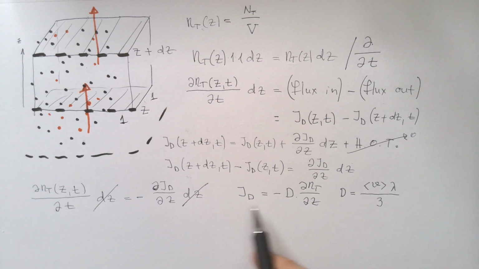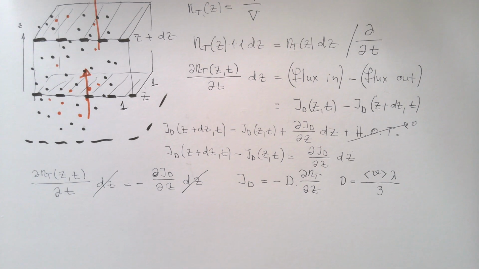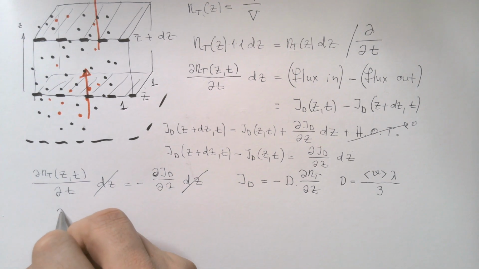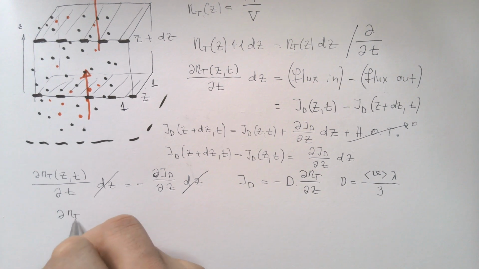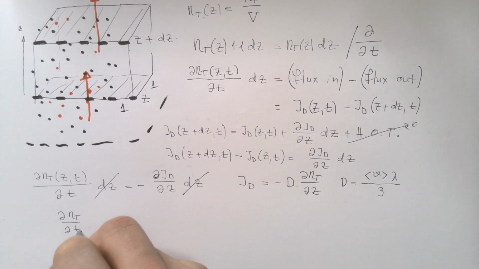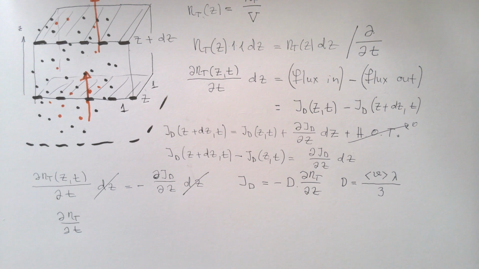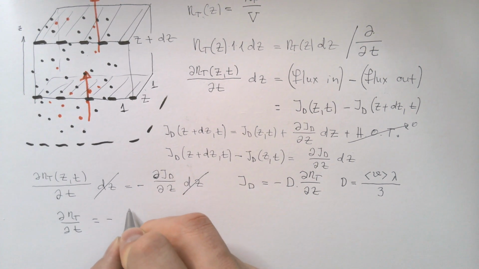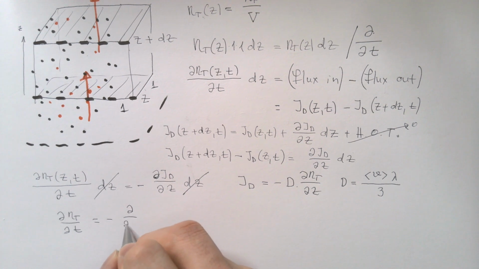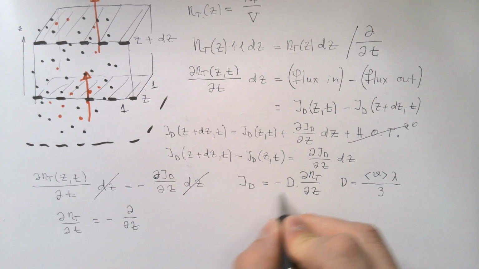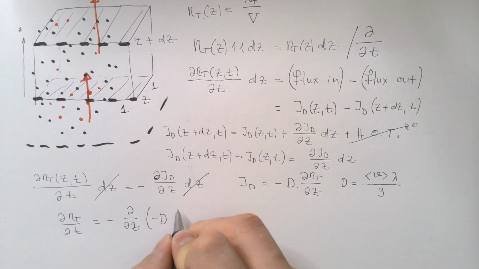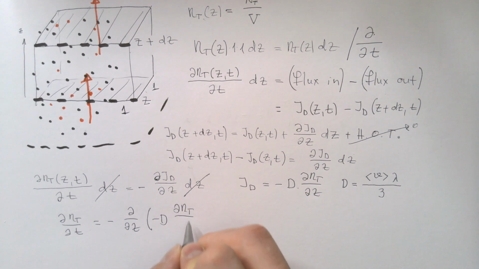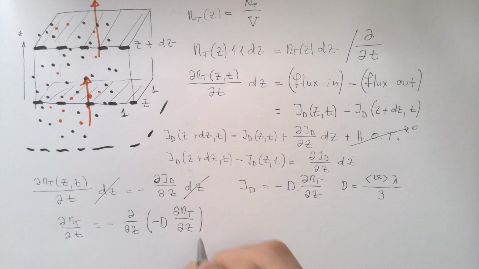Now, substituting this over here, we can see that ∂nt/∂t, I will omit now this functional dependency for shortness, is equal negative ∂/∂z of jd, and jd is negative d ∂nt/∂z.